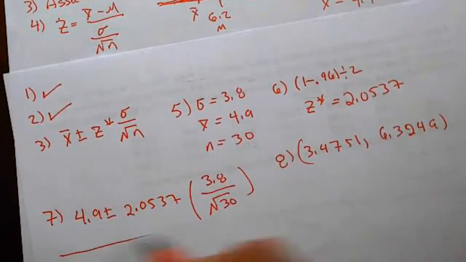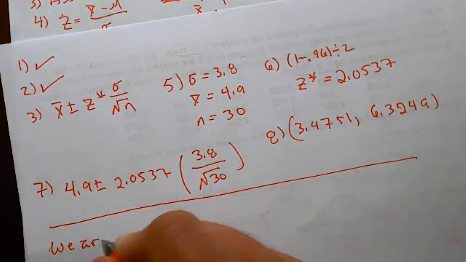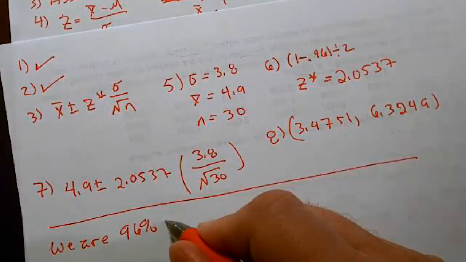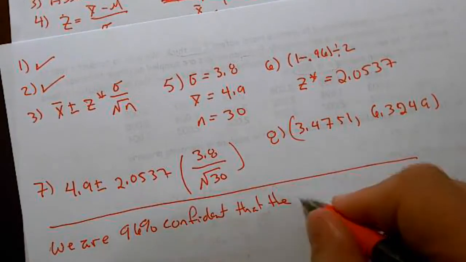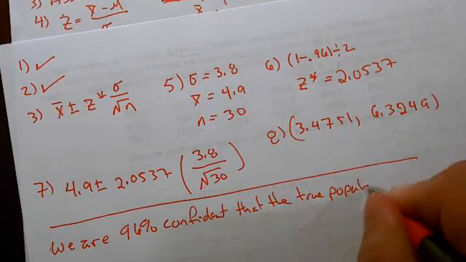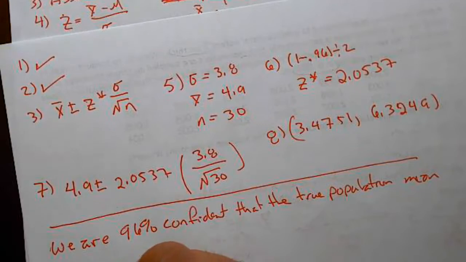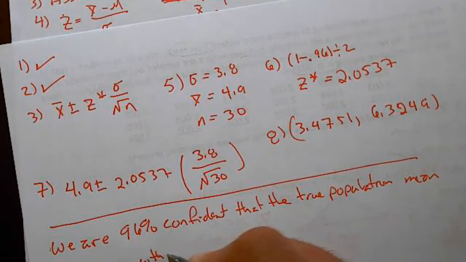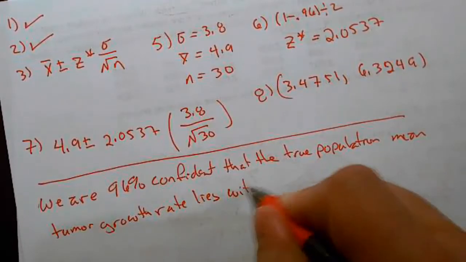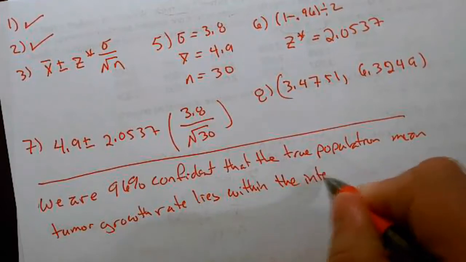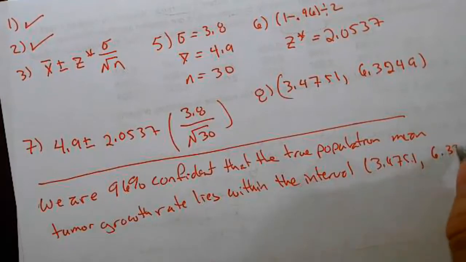Anytime we run a confidence interval, we have to write the conclusion. So our conclusion is we are 96% confident that the true population mean tumor growth rate lies within the interval 3.4751 all the way to 6.3249.